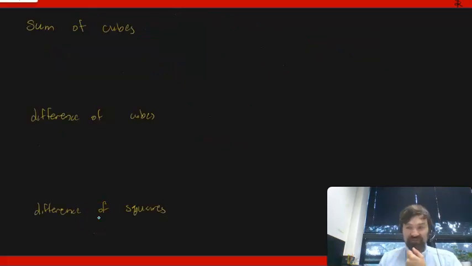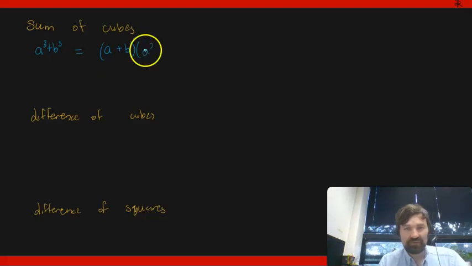The simplification that is allowed comes from the fact that there are basic algebraic formulas for sum of cubes, difference of cubes, and for that matter, difference of squares. For the sum of cubes, a cubed plus b cubed, you're going to have a plus b times a squared minus ab plus b squared.